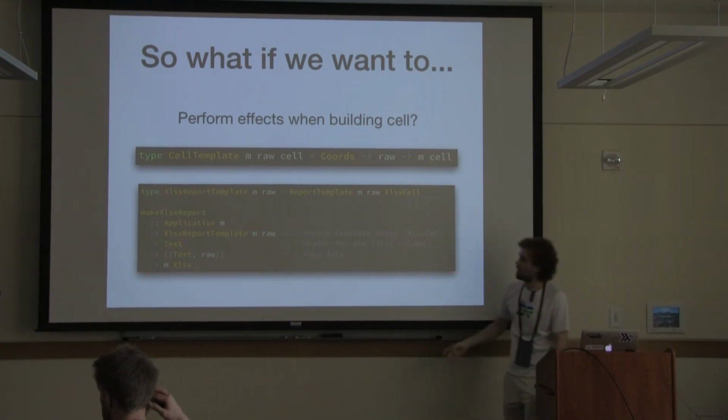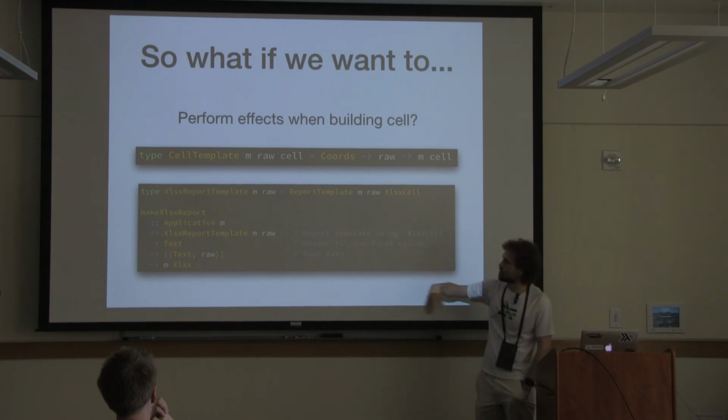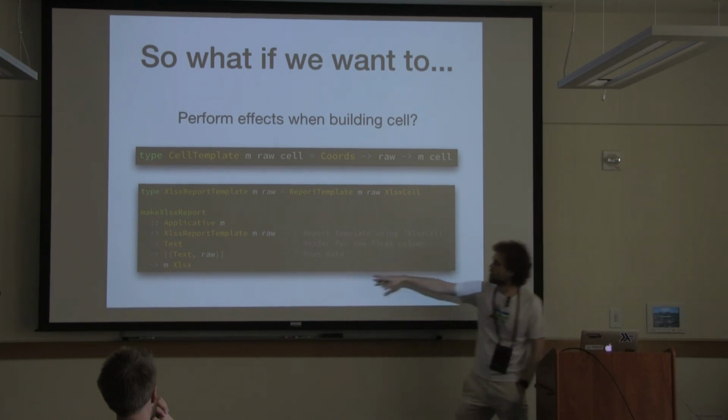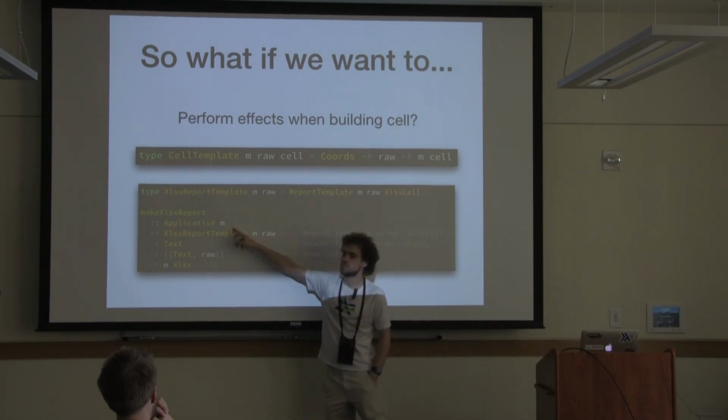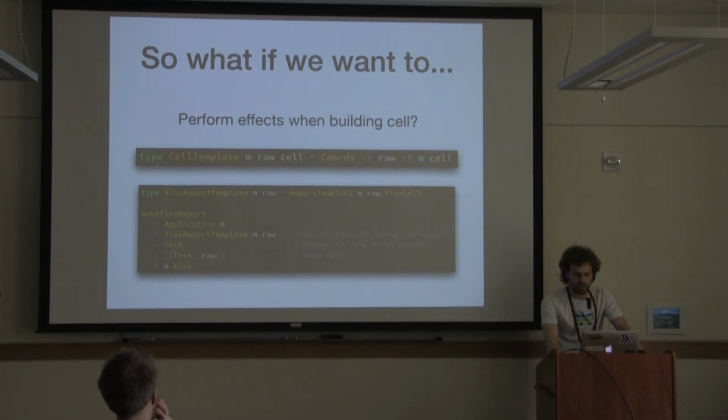And because our thing is declarative, what we put in one cell should not depend on contextual information that we get when we build another cell. It's actually okay to just use applicative here. So you can do that.